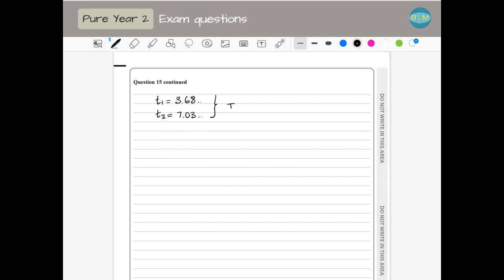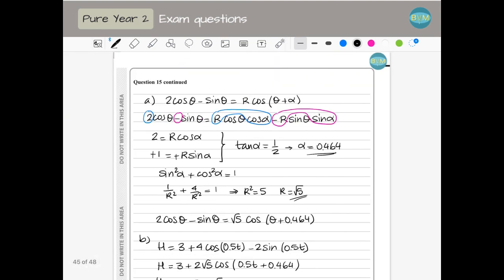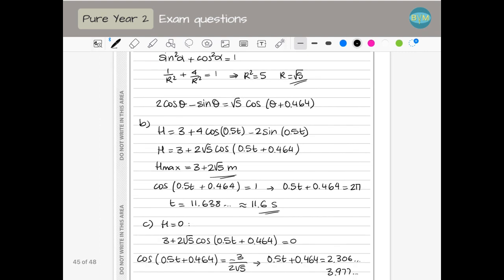So T, capital T, is going to be 7.03 minus 3.68, and this is 3.3 to 1 decimal place, and it's seconds. So let me write the units. Always when you have these real life modelling questions, I would always write the units, so the time is in seconds, please write seconds. The height is in meters, so write meters.